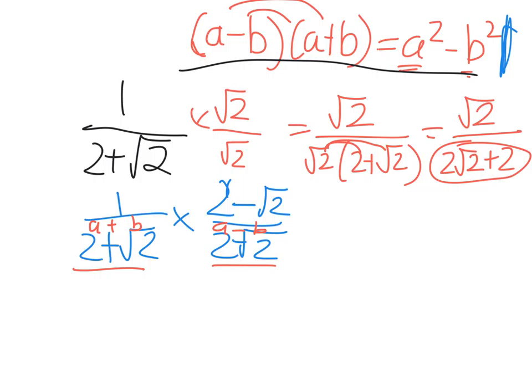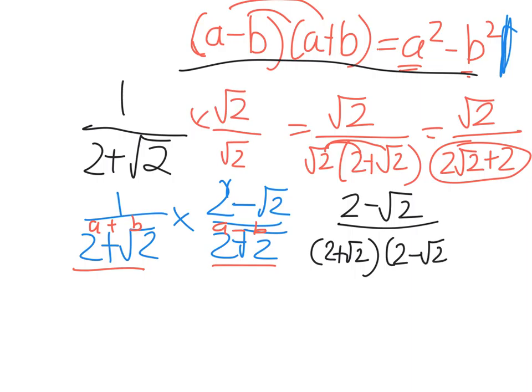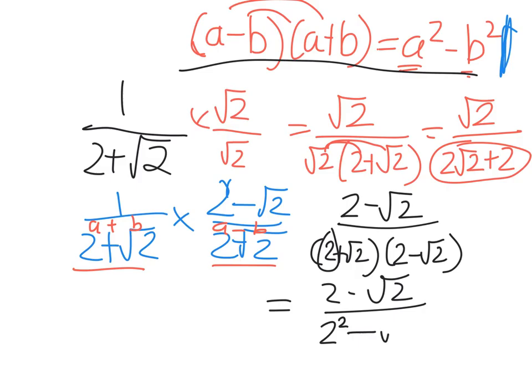So let's do this. On top, 1 times 2 minus root 2 is just 2 minus root 2. Now on the bottom, I have 2 plus root 2 times 2 minus root 2. So using the difference of two squares, I just take the first one and square it, minus the second one squared.